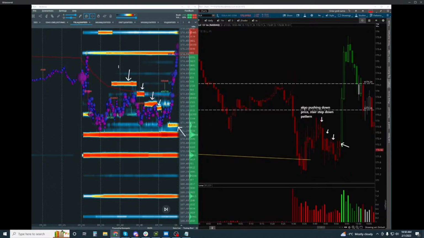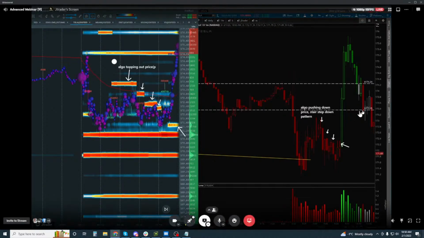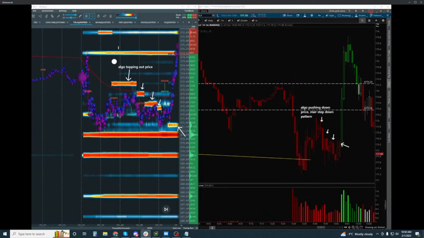So algo topping out price and then pushing back down, okay? So pushing down the price over here. At a certain point over here, I believe, we have the shift of bias from short to long. And we don't see anymore the main seller.